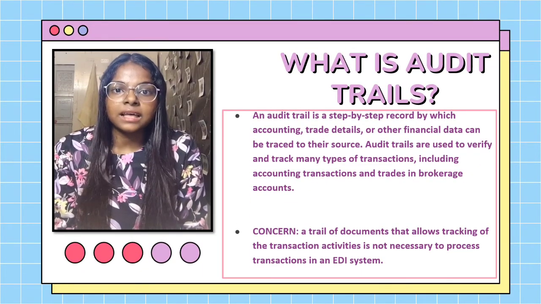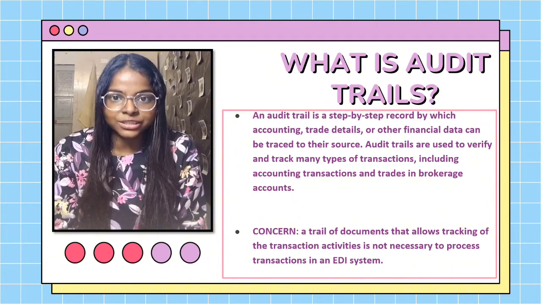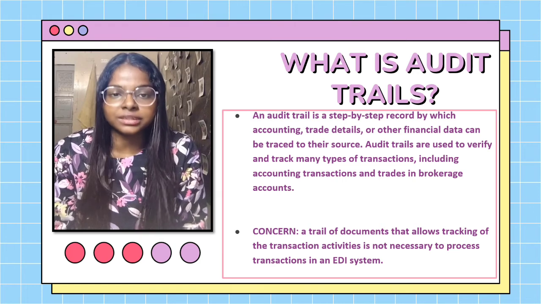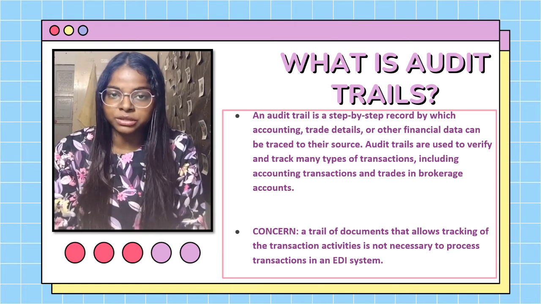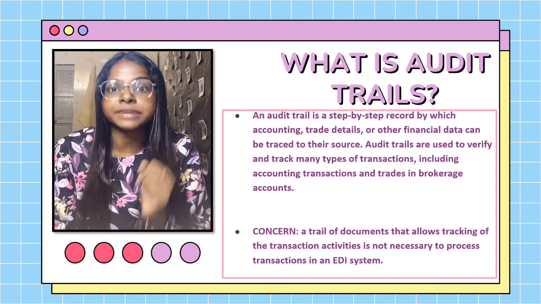Audit trails are a vital tool used by accountants to hold corporations accountable for their actions. Without the use of audit trails to confirm financial information, there would be no reason to believe in the company's financial reports.